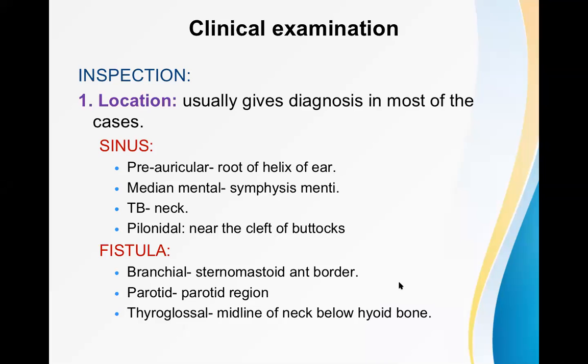A cyst is much more common than a fistula. Naturally it may be present in the midline of the neck below the hyoid bone, because that is the common site for the thyroglossal duct. Now, one very important practical point: how do you know whether this is a thyroglossal cyst or thyroglossal fistula? You ask the patient to stick out the tongue.